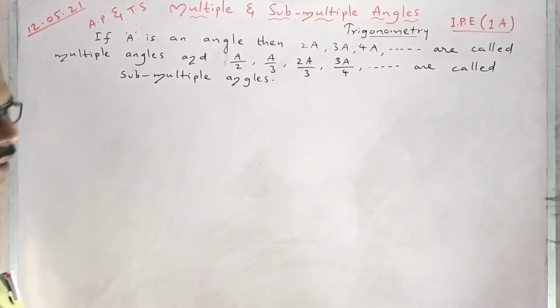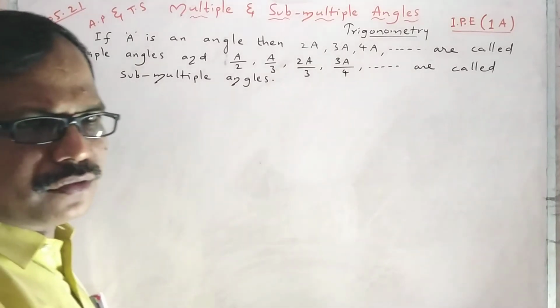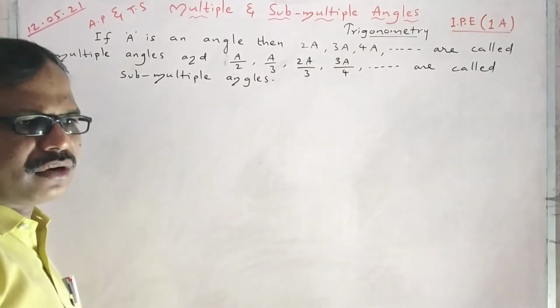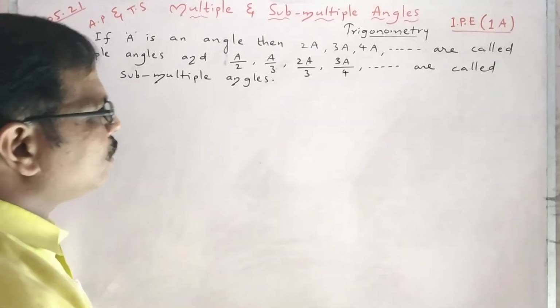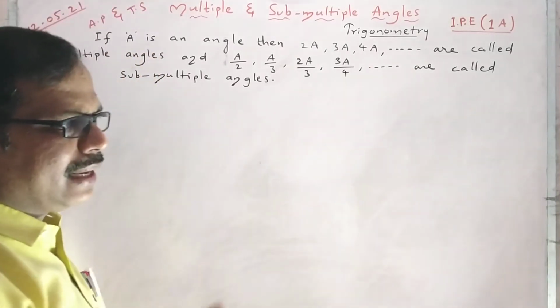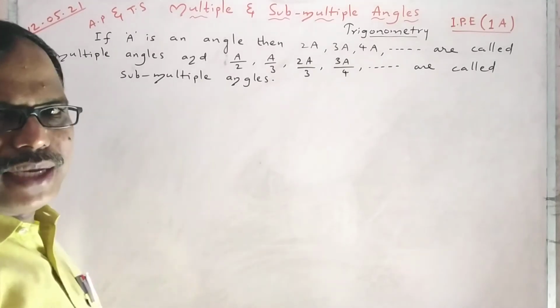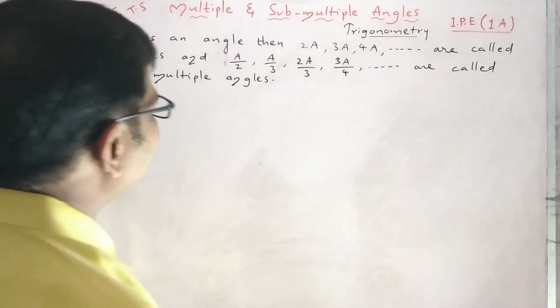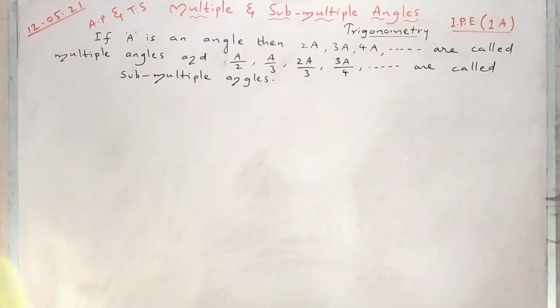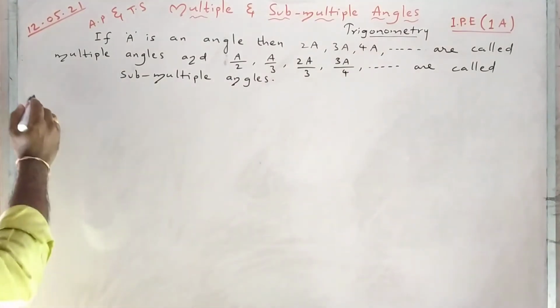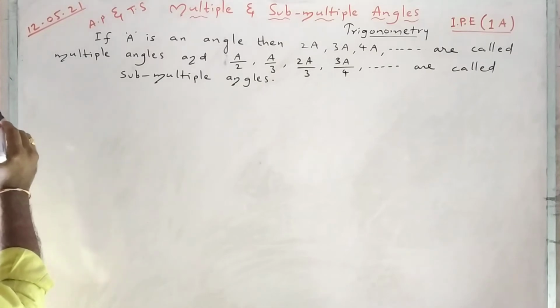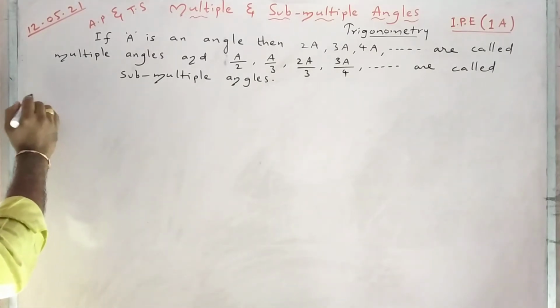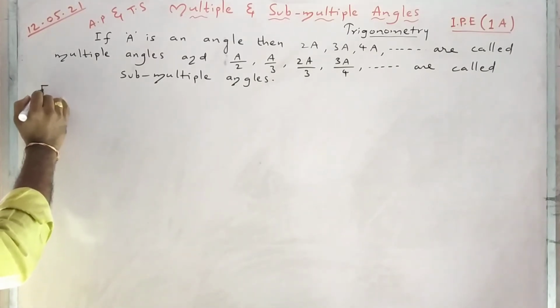Already we have seen the concept of compound angles, right? Compound angles means the sum or difference of two or more angles, like A plus B plus C, A plus B minus C. Such angles are called compound angles. By using compound angles, we can derive some formulas here.